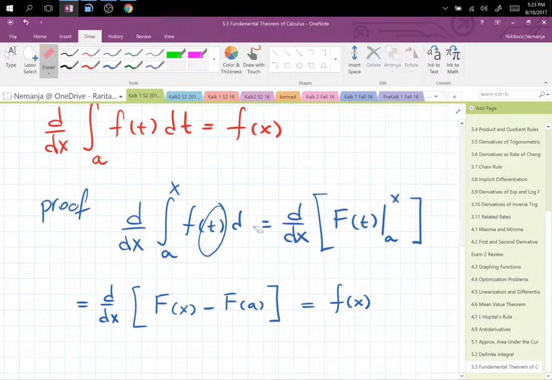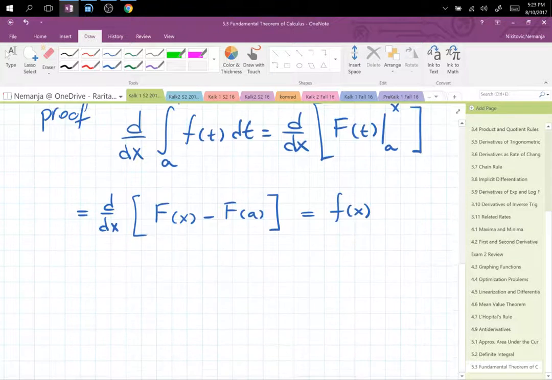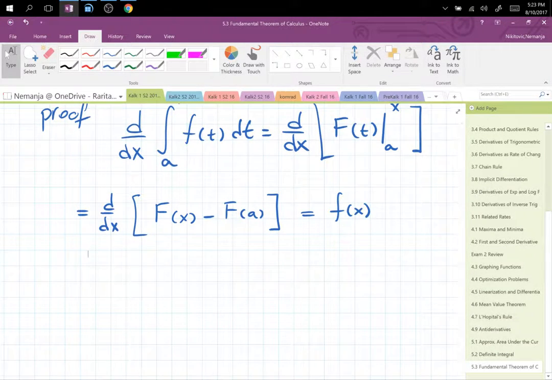Oh, I put dx over here. Terrible. So the integral operates on t, and then when we plug in x, we get a function of x, and then when we differentiate with respect to x, x is a variable. So now I want to do an example for this.